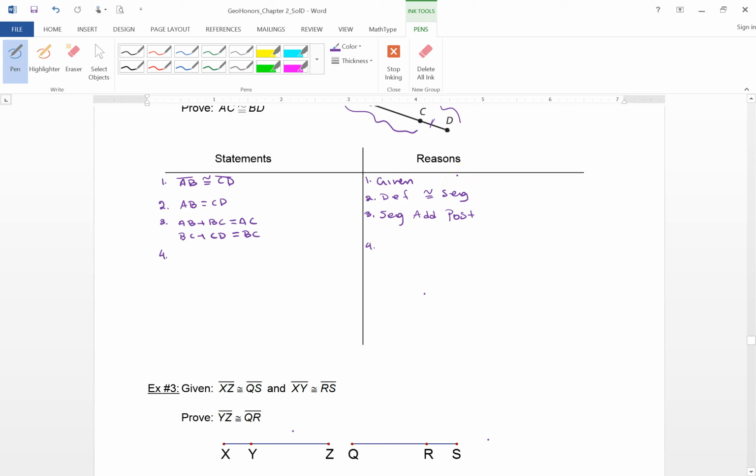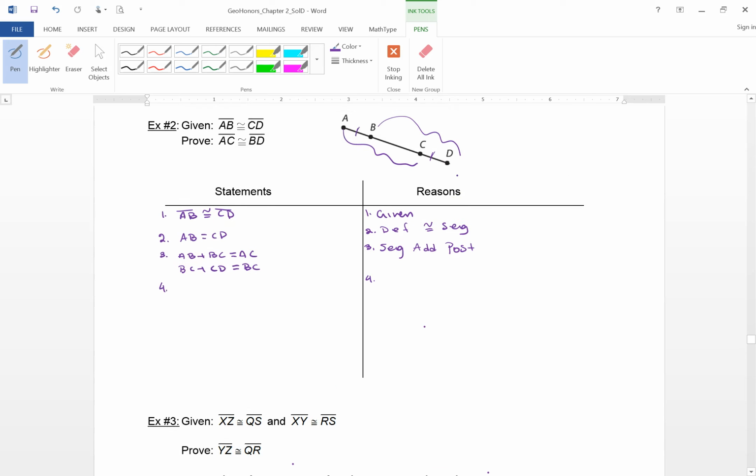So what's the next step here? All right, now we know that AB and CD are equal to each other, right? So here, the two things are equal to each other, okay? BC and BC are equal to each other. So now what can we say? What would you say the next step would be? Yeah.